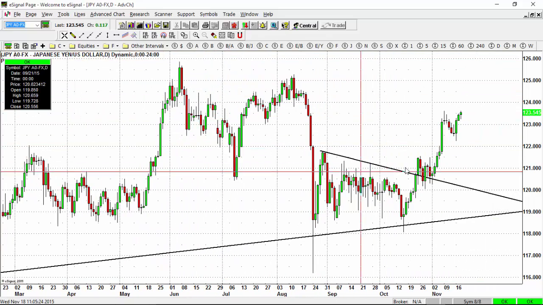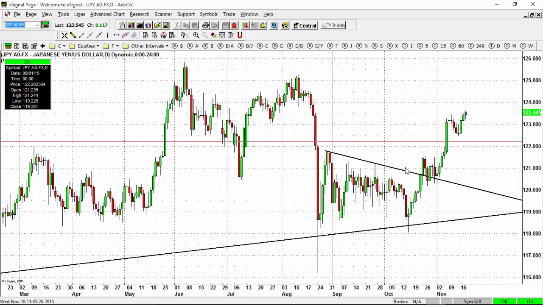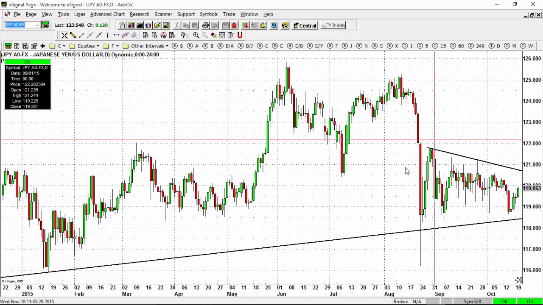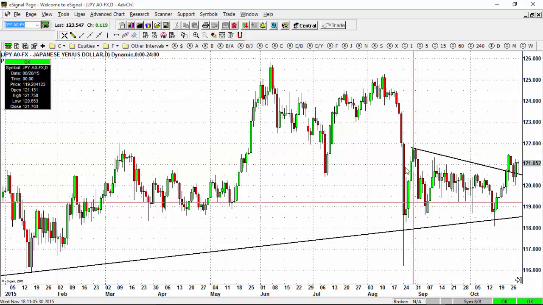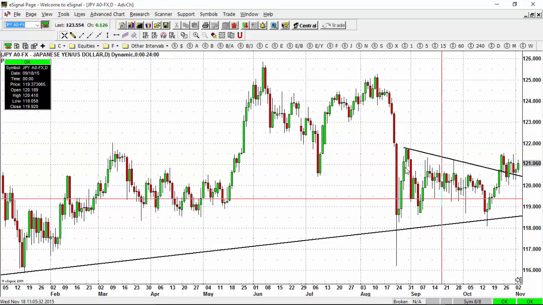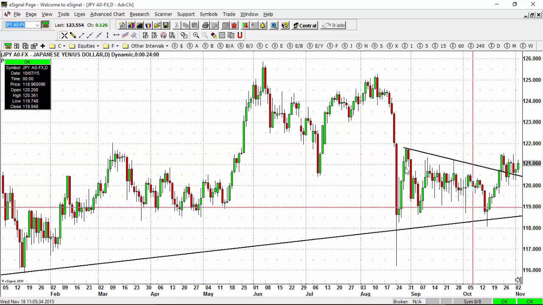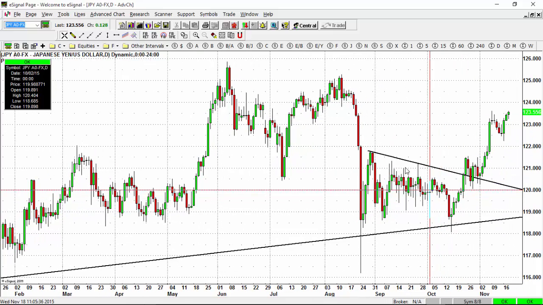So the Japanese yen is in an uptrend, and as you can see, I drew the consolidation pattern that we were in for a couple of months, and now the market has broken out of the consolidation pattern to the upside.